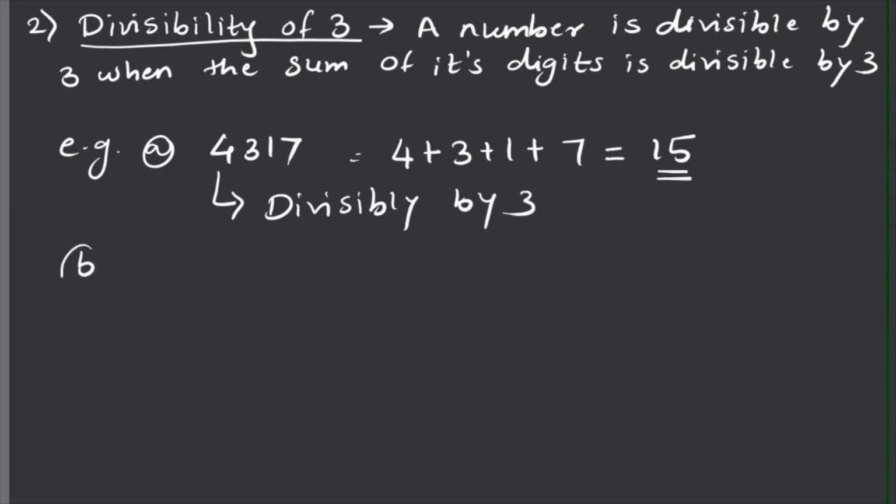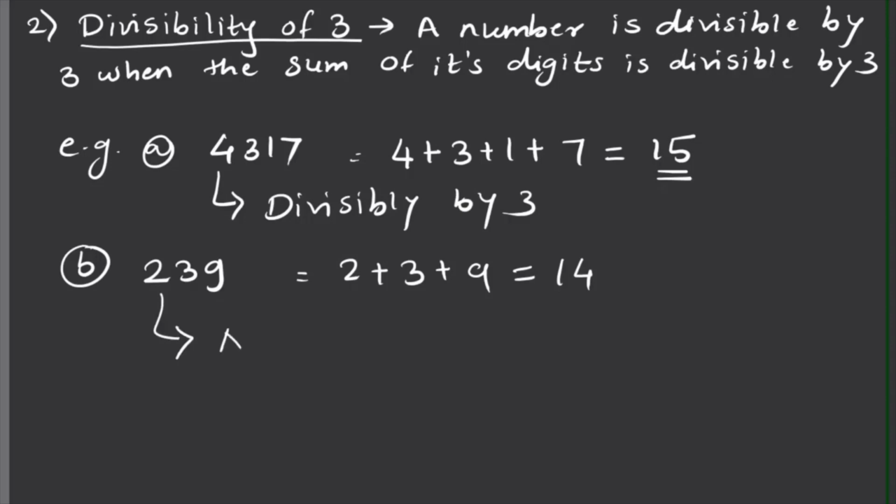Now let's take another example. 239. We add all the digits, 2 plus 3 plus 9. So we get 14 and 14 is not divisible by 3, that's why 239 is not divisible by 3. Now let's move to the next rule.